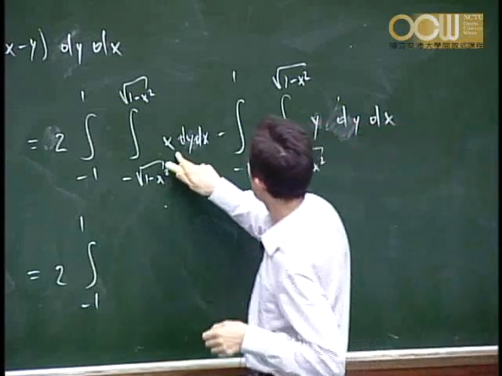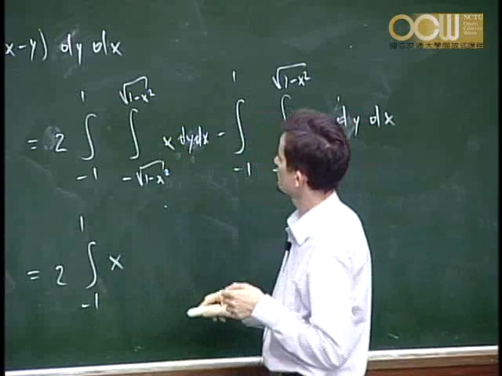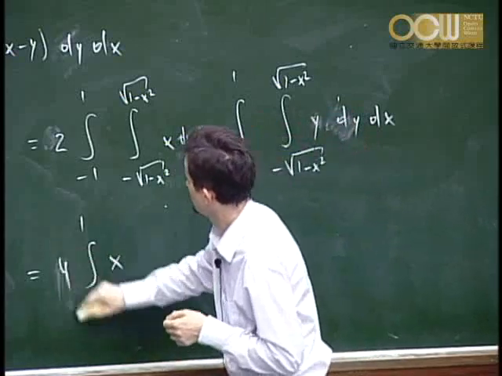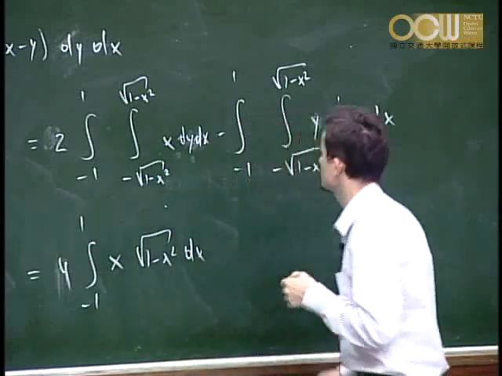Because the inner integration is with respect to y, we can take out the x, and what we get here is 4 times the square root of 1 minus x squared dx.